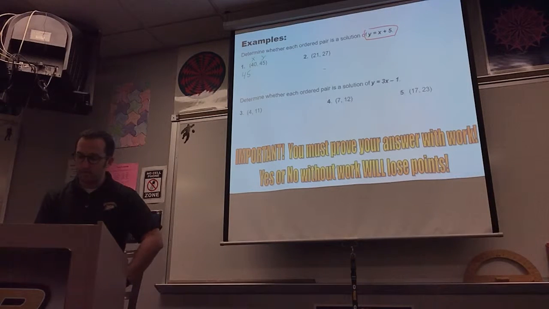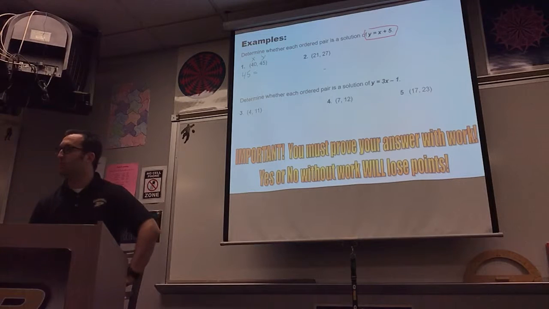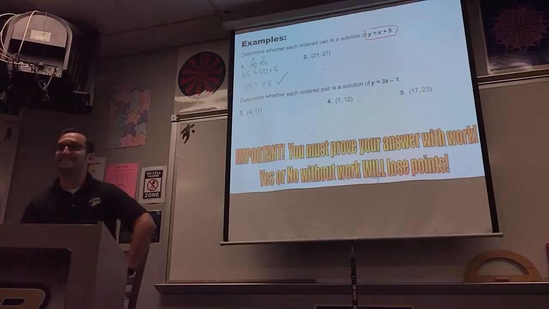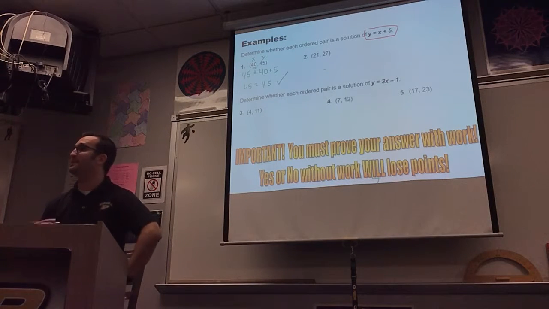So 45 equals x, well, what's x for this point? 40 plus 5. And then I'm going to ask myself, are they equal? Yes. Is that equation true? It is. Why? Because 45 equals 40 plus 5. Check. So we would say, yes, that point is a solution to that equation. Why?